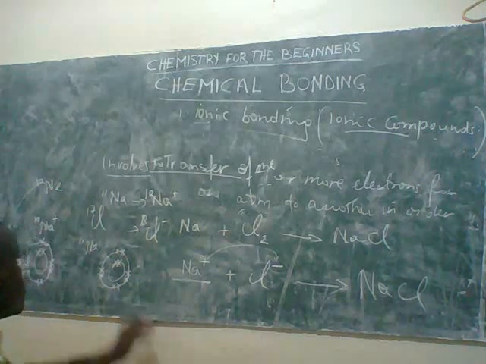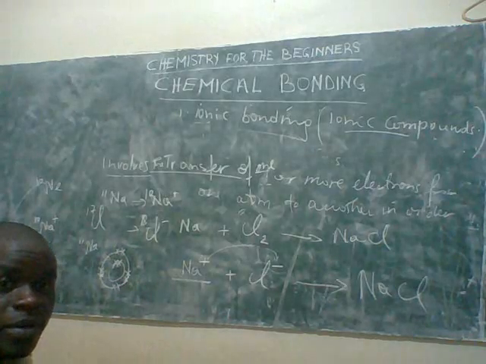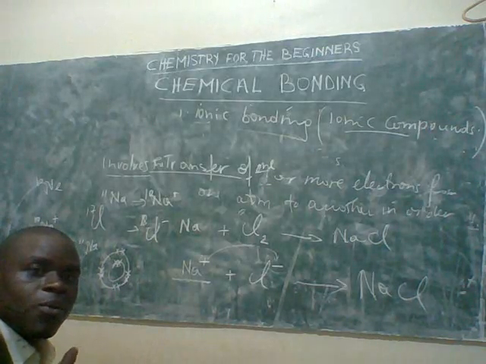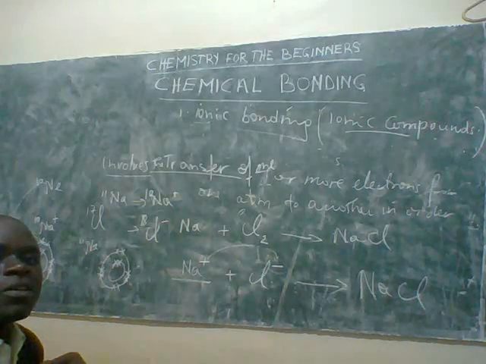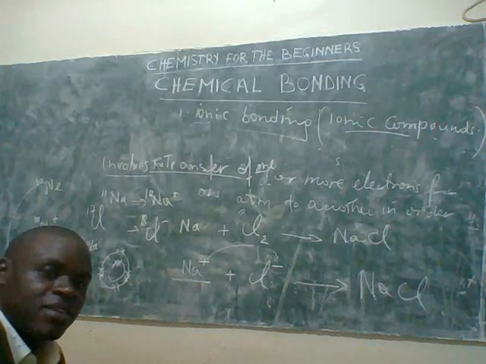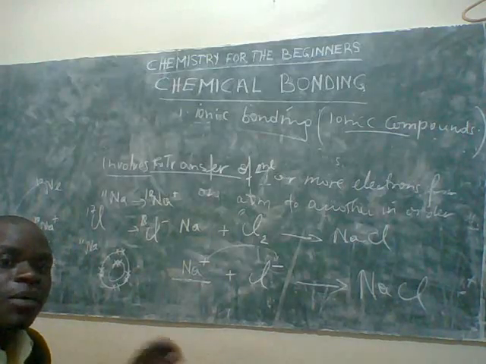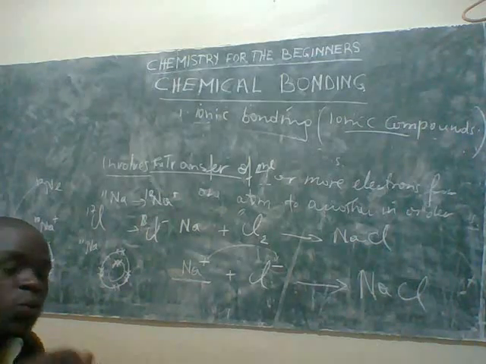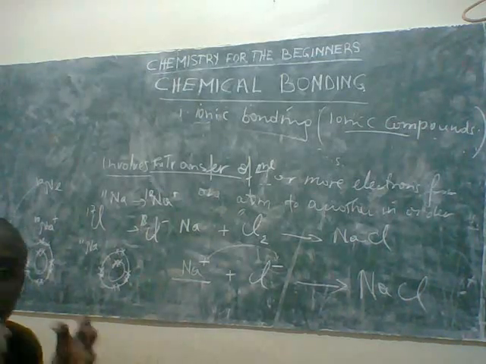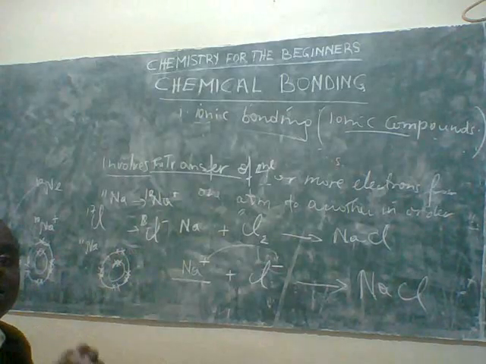In its outermost shell it was having only one electron, which means if it has donated one electron, it has destroyed its outermost shell, and it has remained with only two shells, which are full. When they are pairs only, it means it is full.